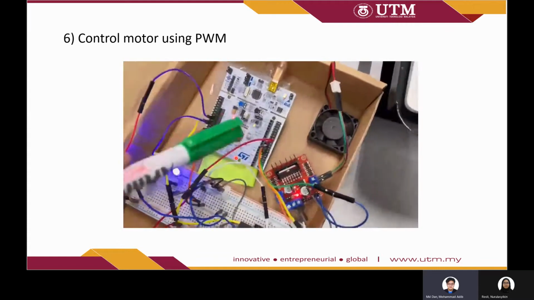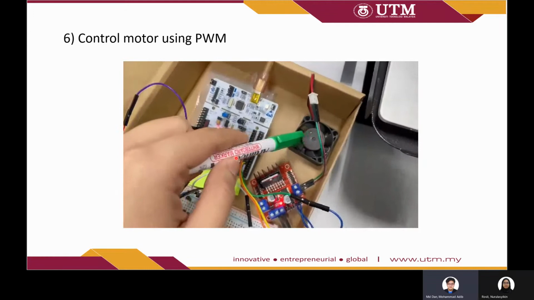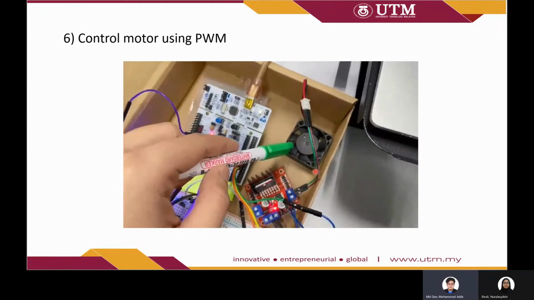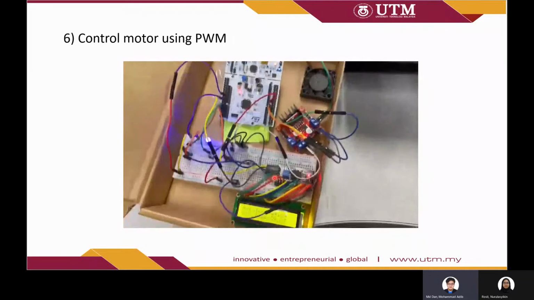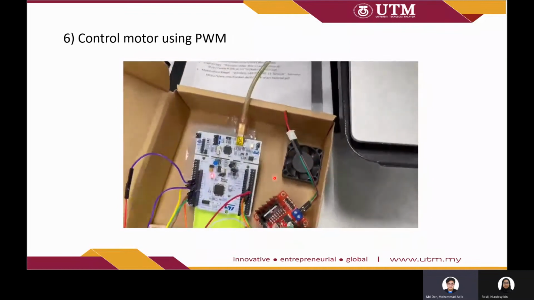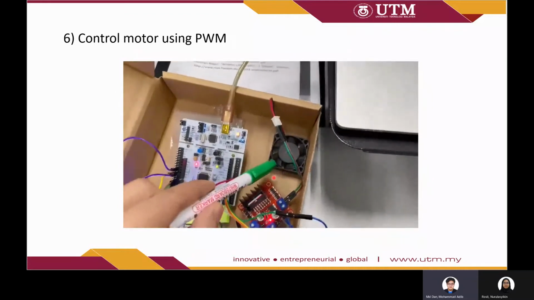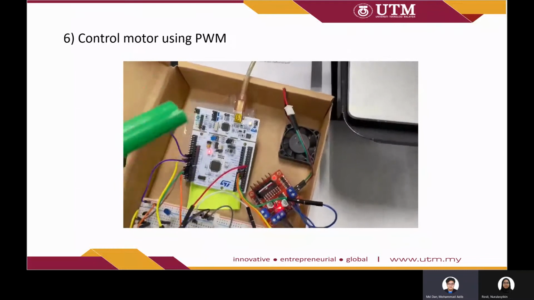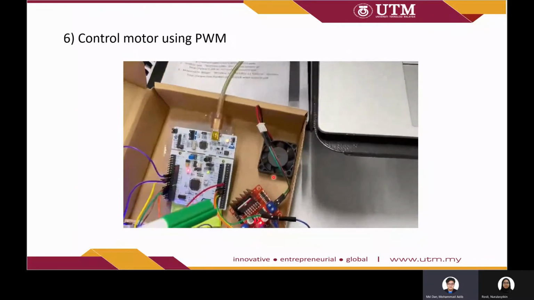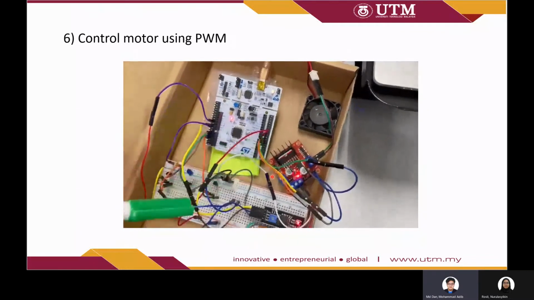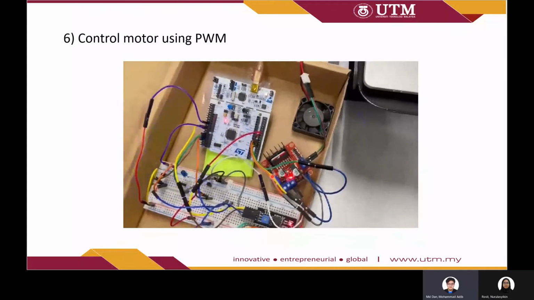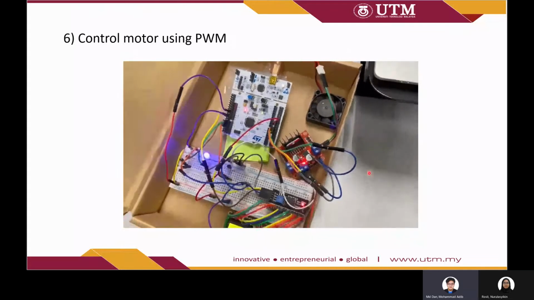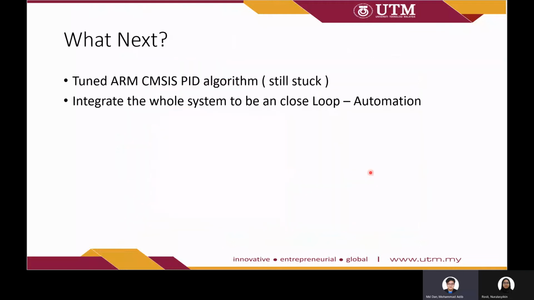But now this motor needs a 12 volt supply, and I don't have it because I'm in the office, so that's why it's not working. But when I put the PWM signal directly to the LED, the LED's brightness depends on our PWM. So that's all. Thank you, Prof.